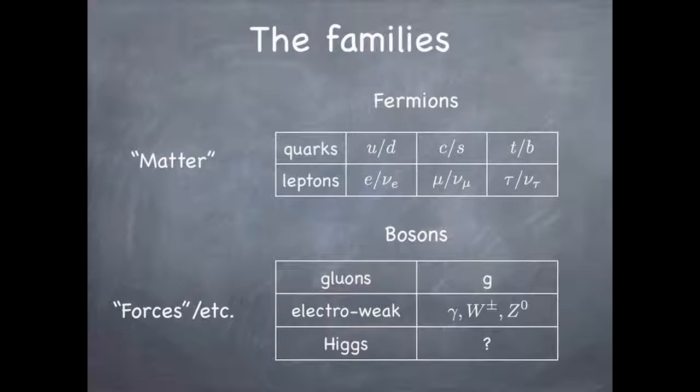And anything with charge can interact using photons, which are the gammas, and then the W and Z bosons are the carriers of the weak force, and they interact with objects that have weak charge. And finally, I don't want to call the Higgs a force exactly.